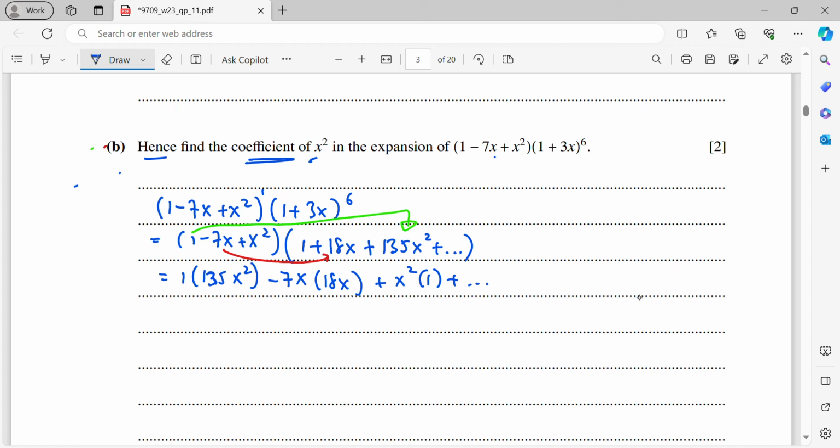When you get the total of all these terms, it will be 10x squared. Therefore, the coefficient of x squared is 10. So that's the solution for B.